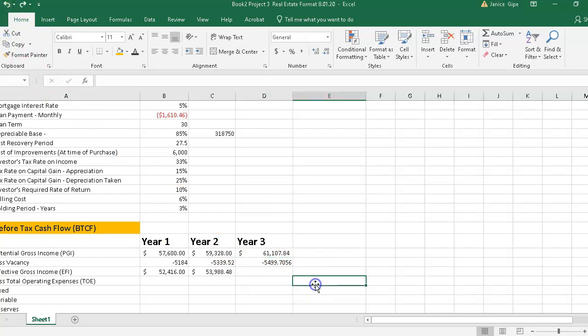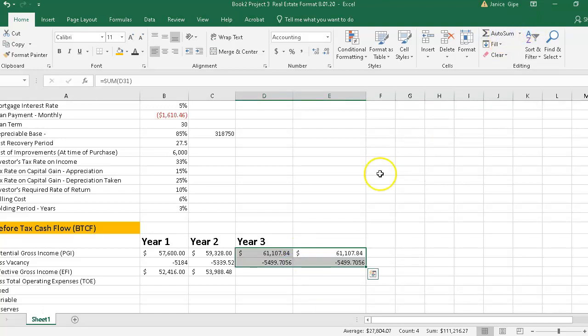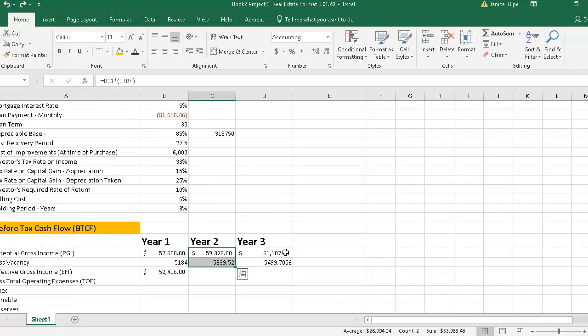And so we want to sum these. And then to take those, okay, so now we have an effective gross income of the potential gross income minus the vacancy, less the total operating expenses.